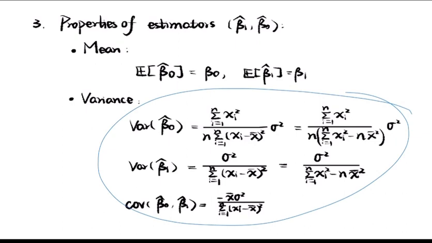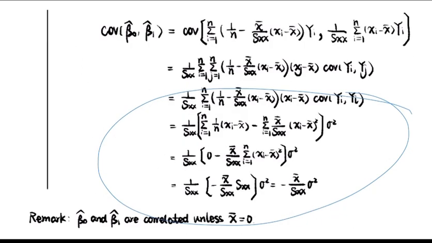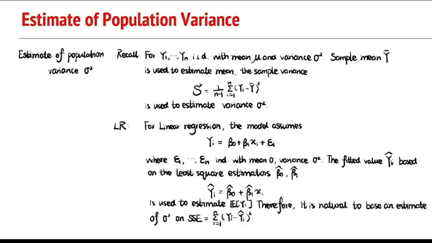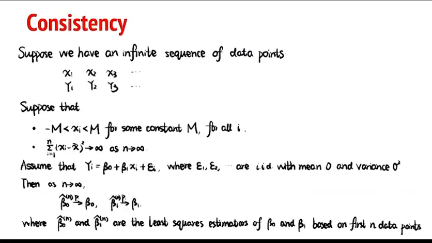So now that we have the expressions for the variance of beta 0 cap and the variance of beta 1 cap, in the next lecture we'll be able to investigate the consistency of an estimator. You remember what we did the other time?